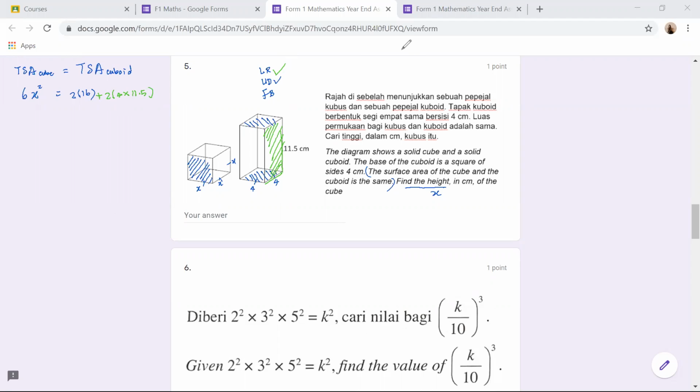This is the front. The width is 4, the length is 11.5, same as this. That means another 2 sets, so we'll just take 4 times of this. Are you okay? Let's use the calculator and find the answer. Can you calculate for me?